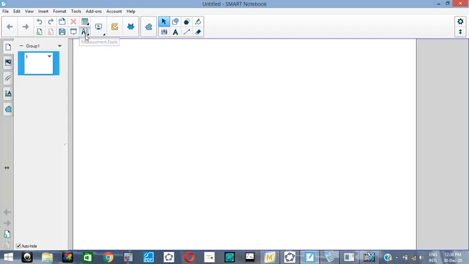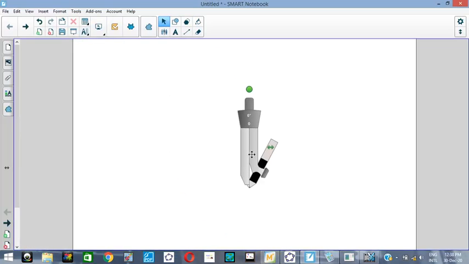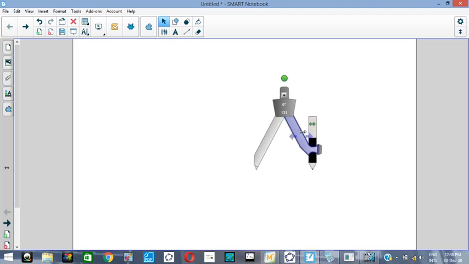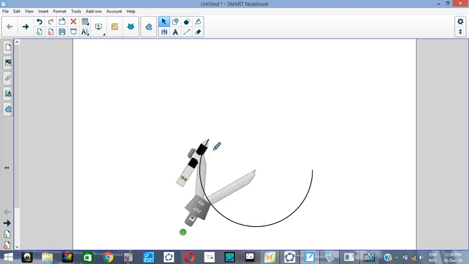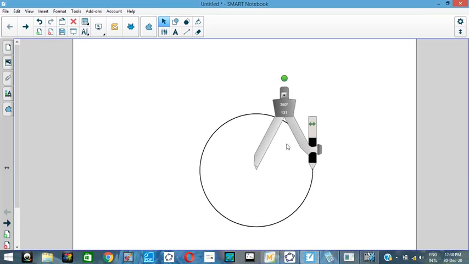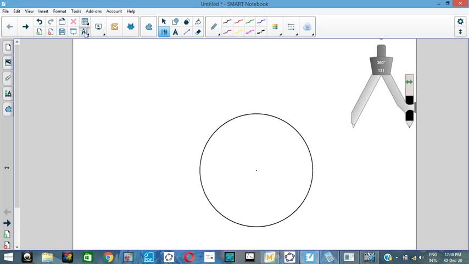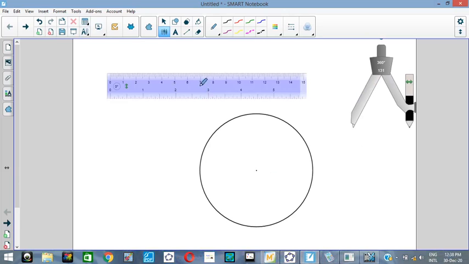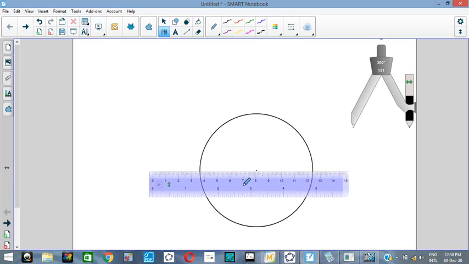All I need to do is to get my circle. Then make sure you get the center of the circle. So this is the center of the circle. Then you get your ruler. Then just draw your reference lines.